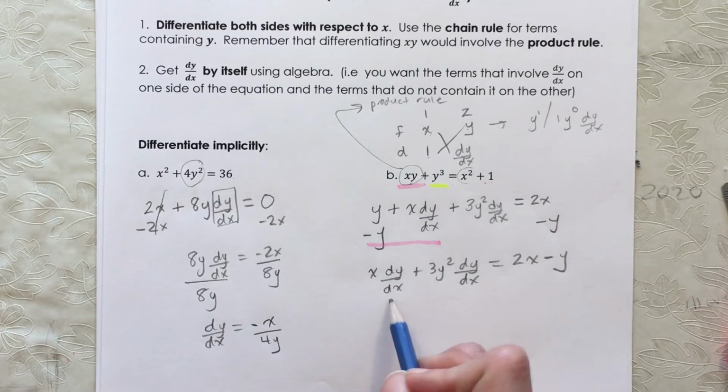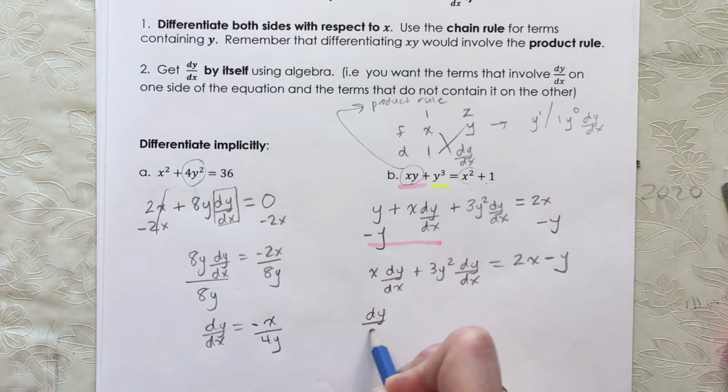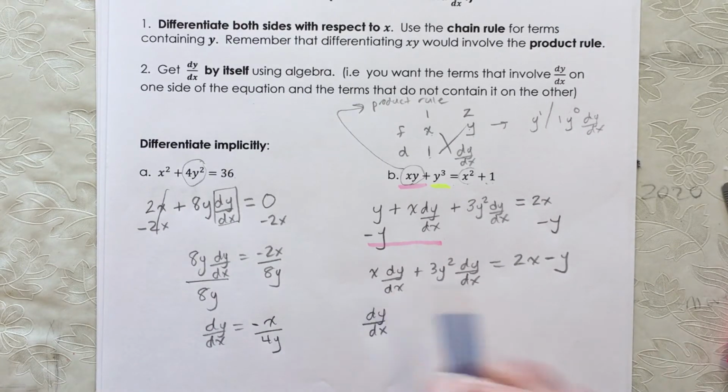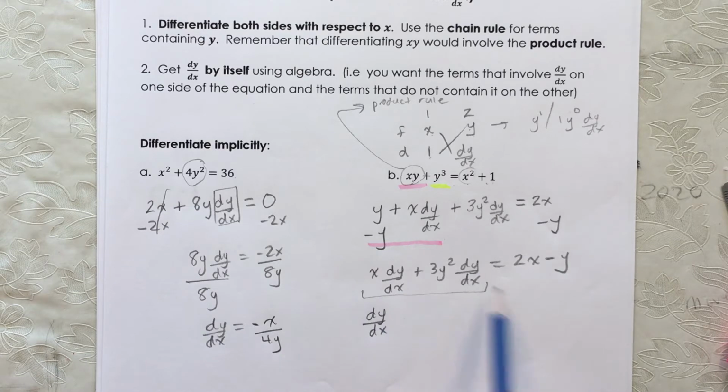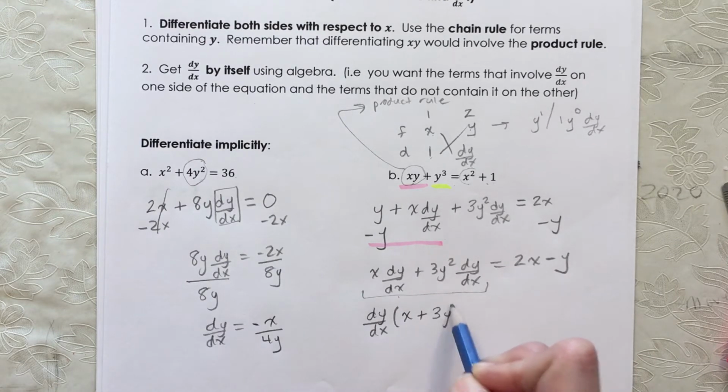So I can common factor it out of the terms that are on the left side. So if I divide x dy by dx by dy by dx, I get x. And here I get 3y squared.